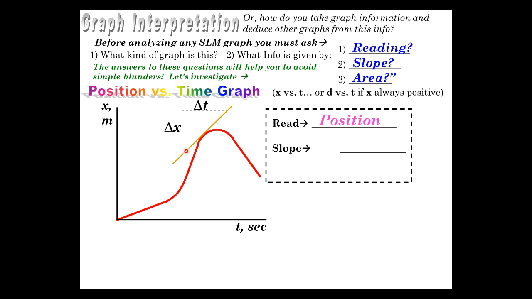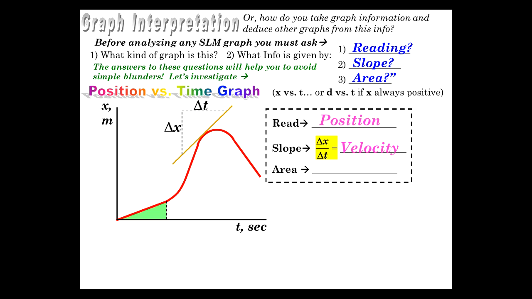The slope at a point is a tangent line to the graph at that point. And the slope of the line is y over x, or delta x over delta t. And you know what that is the definition of. That's right, it's velocity.